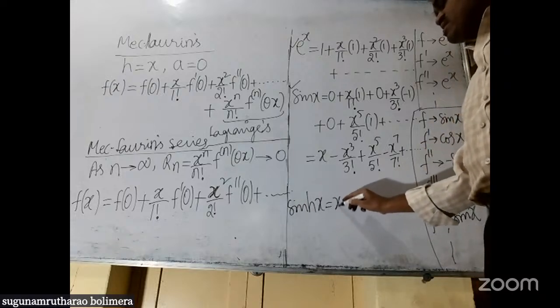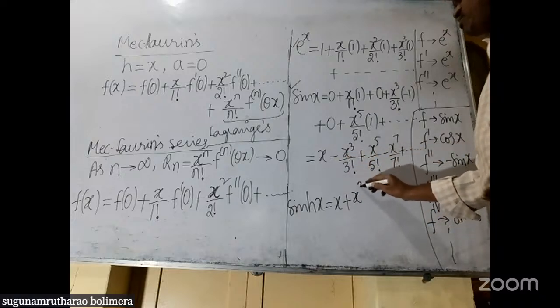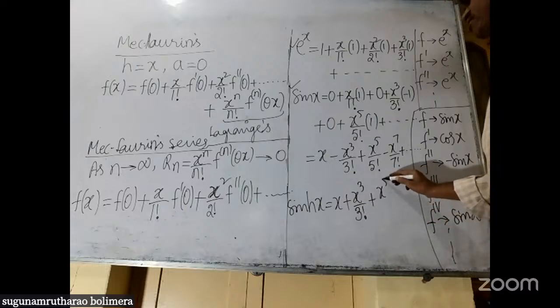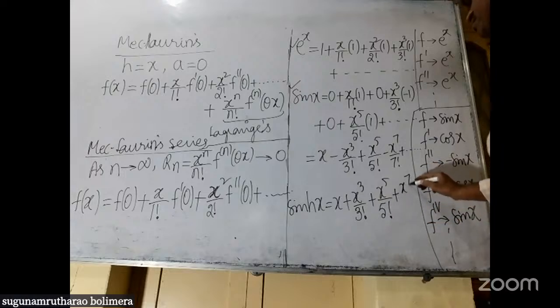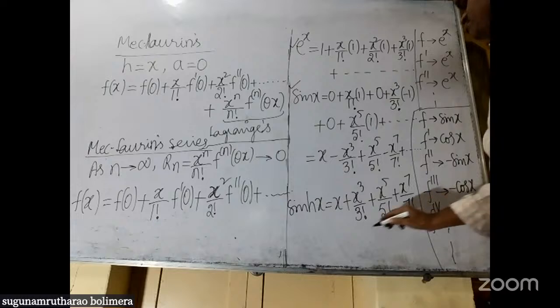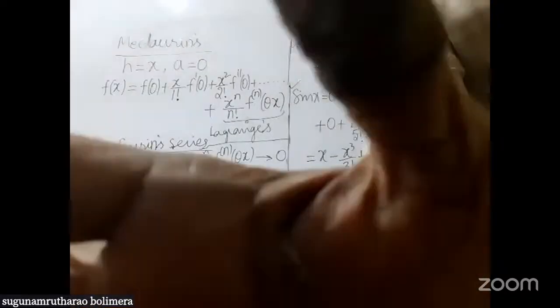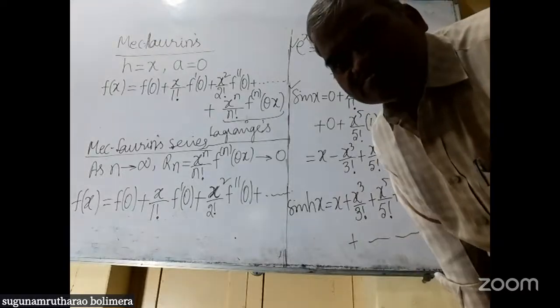Sin hx will be x plus x cube by 3 factorial plus x power 5 by 5 factorial plus x power 7 by 7 factorial plus so on, all positive, no negatives. In the similar manner, try to write for cos x, cos hx, tan x, and so on. We will discuss tomorrow how to write those.